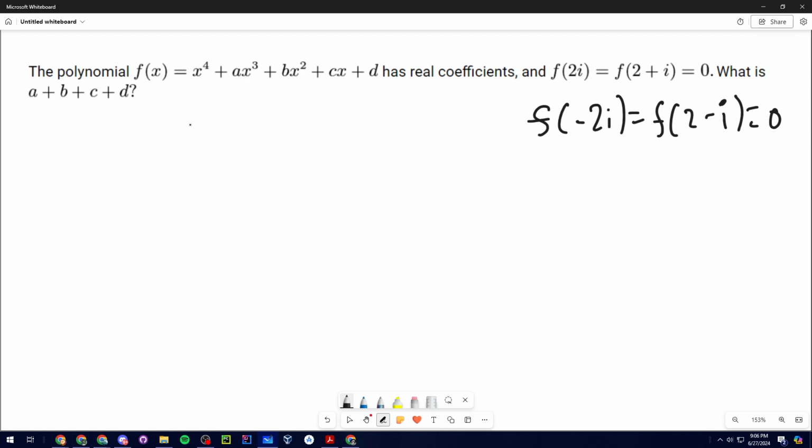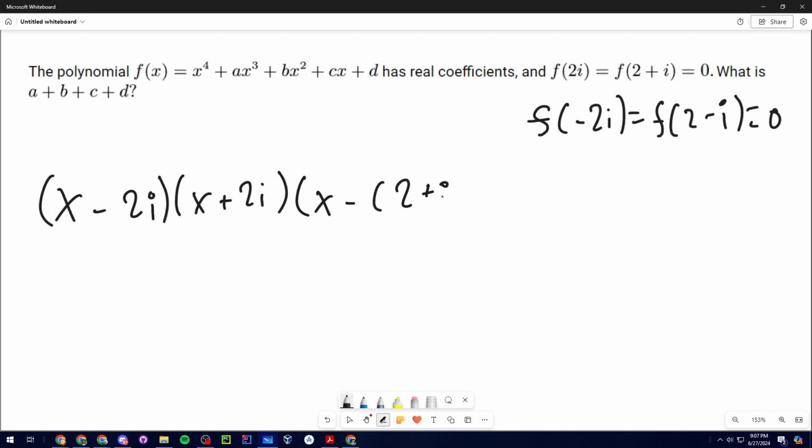it makes things a lot easier, because now I know that if I want x to the fourth plus a x cubed plus b x squared plus c x plus d, I just have to do x minus 2i times x plus 2i times x minus 2 plus i times x plus 2 plus i, right?